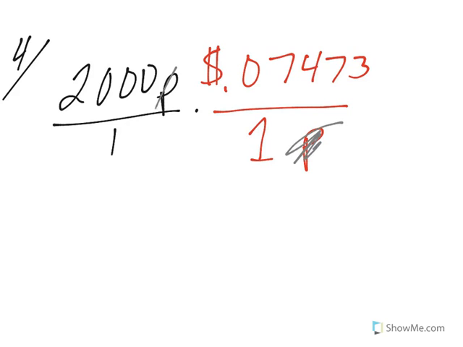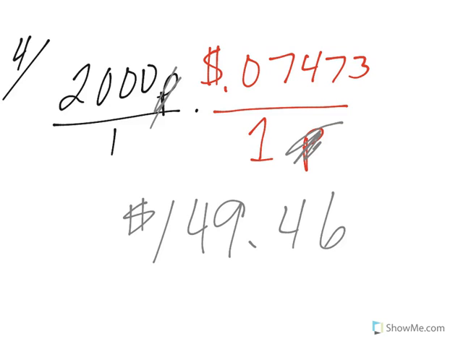My pesos canceled out. I multiply straight across, and I end up with $149.46. I don't know how the other countries do it, but when we're dealing with American money, you should always be rounding to 2 decimal places. So you might just want to make that kind of a common theme for all of them. Always go to 2 decimal places just to be safe.